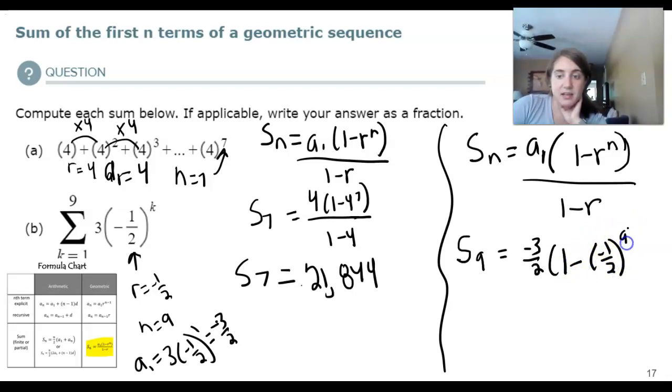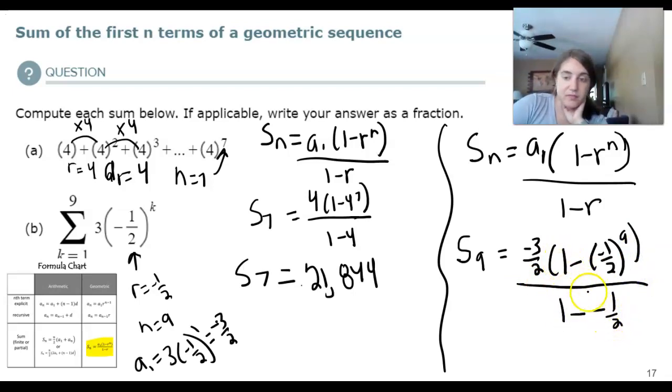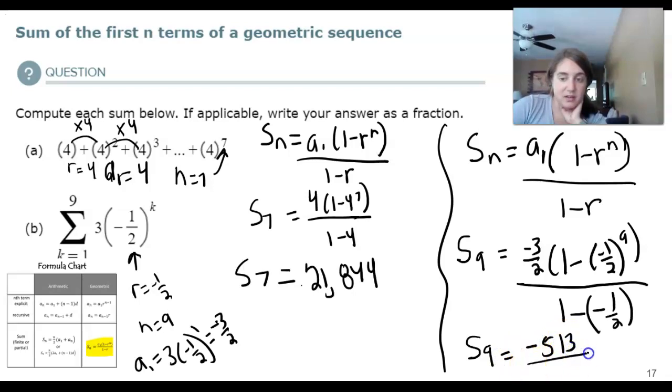N is 9. 1 minus negative 1/2. And when I simplify that, I get that. Okay, good job.